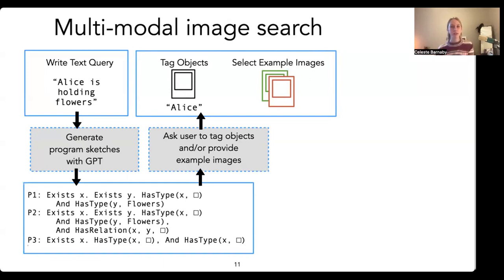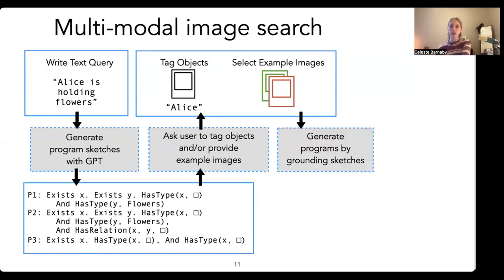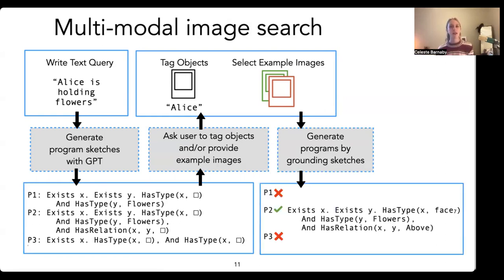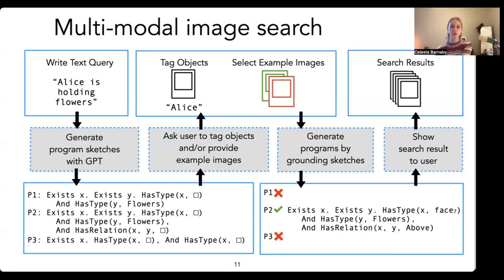Given these program sketches, tags, and example images, the synthesizer grounds the sketches by performing an enumerative search over all possible sketch completions to find a program that is consistent with all positive and negative examples and tagged objects. We're then left with a set of complete programs. We heuristically select the best program from this set, apply it to the user's batch, and present the results to the user.